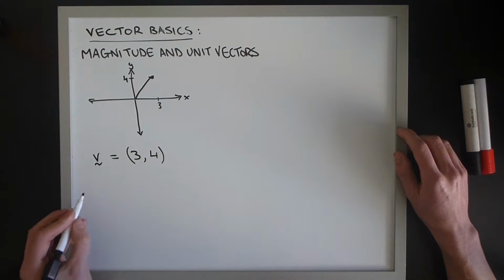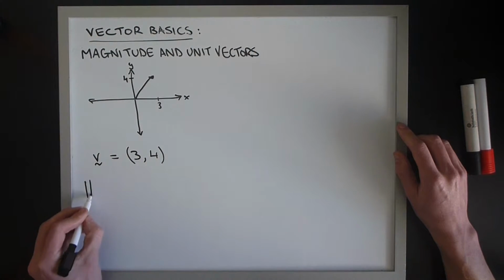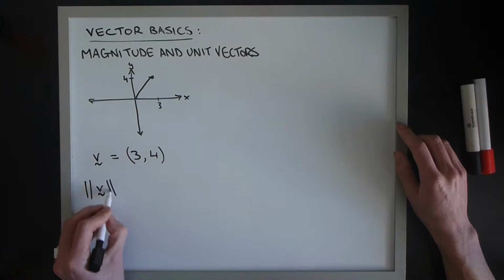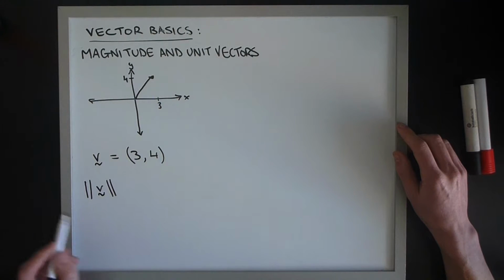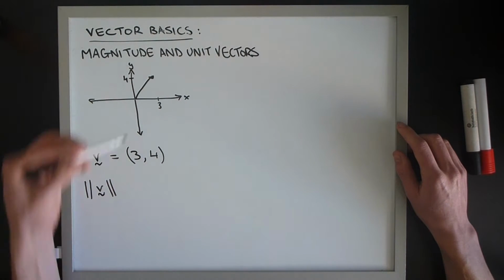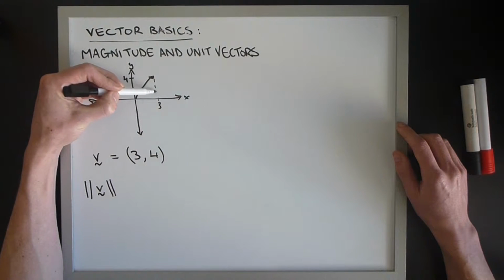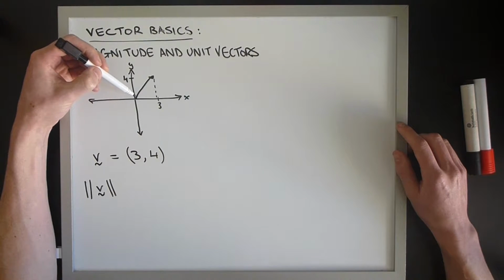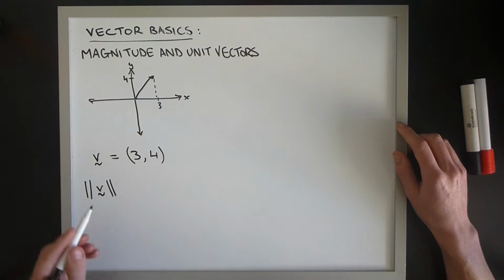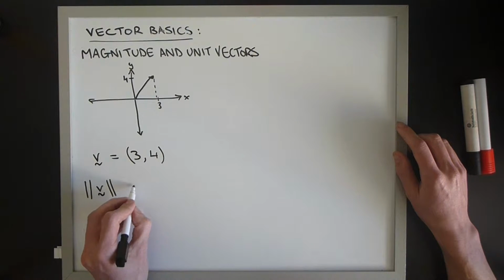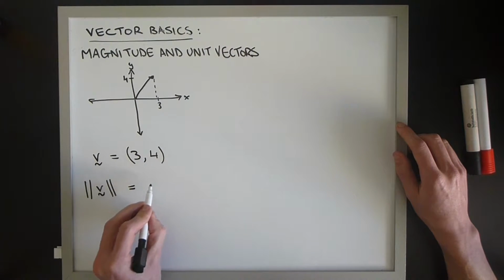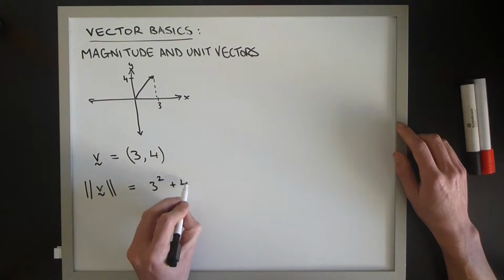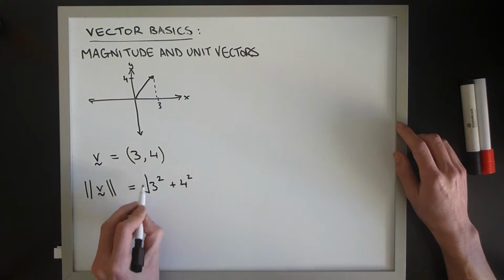and the magnitude of the vector, which the notation is denoted by two vertical lines on either side of the vector. From Pythagorean theorem, we know that the magnitude of the hypotenuse is given as our x component squared plus our y component squared, all under a square root.